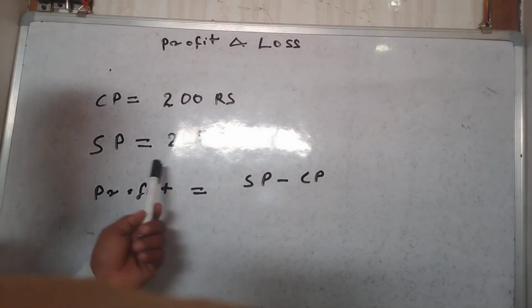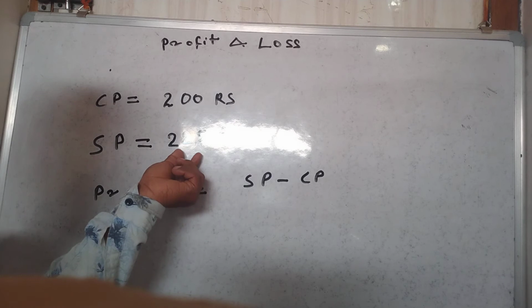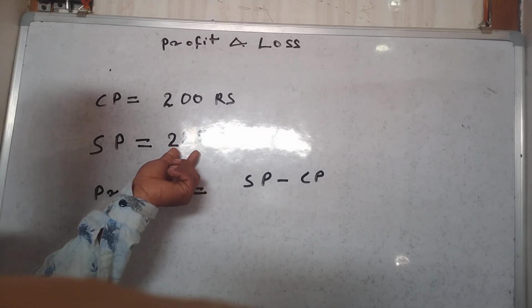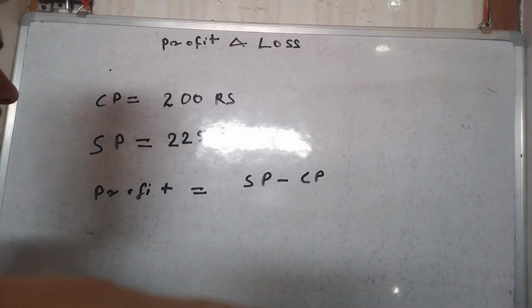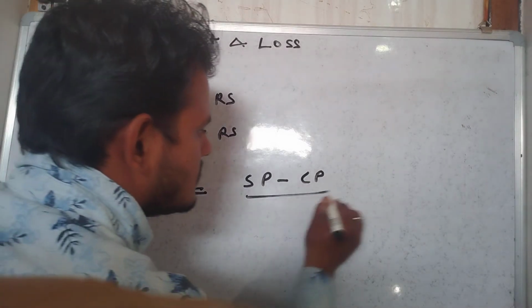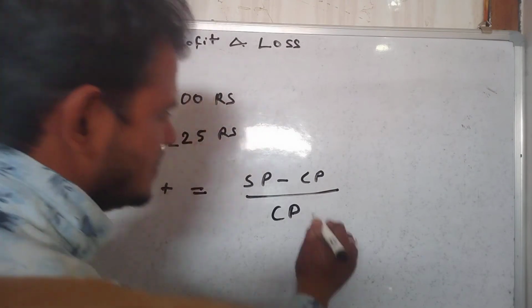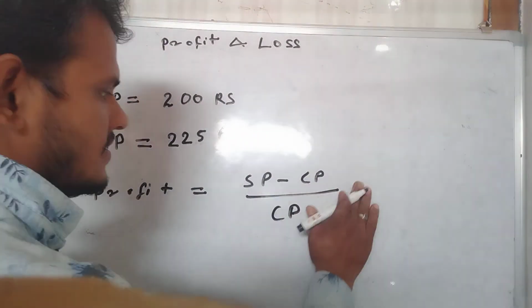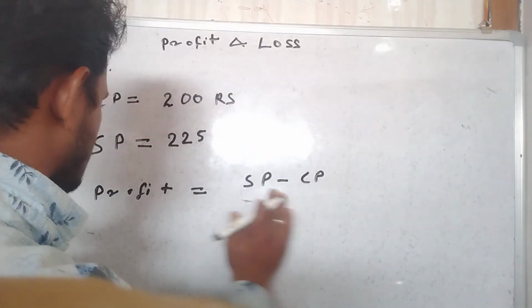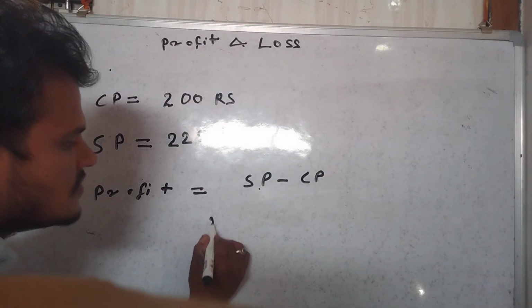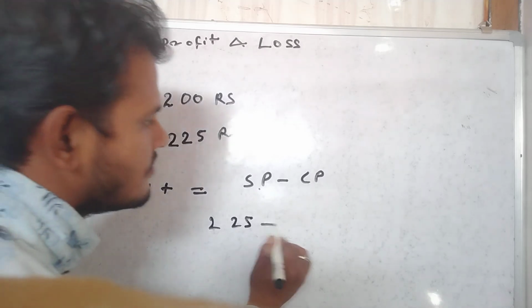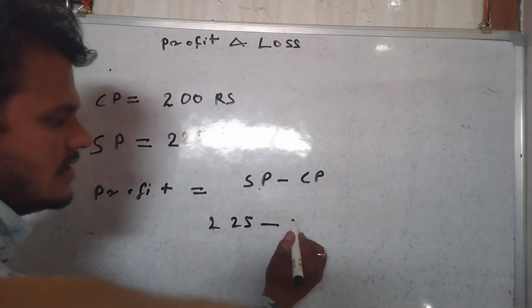Since 225 is more than 200, SP will be first and minus CP.